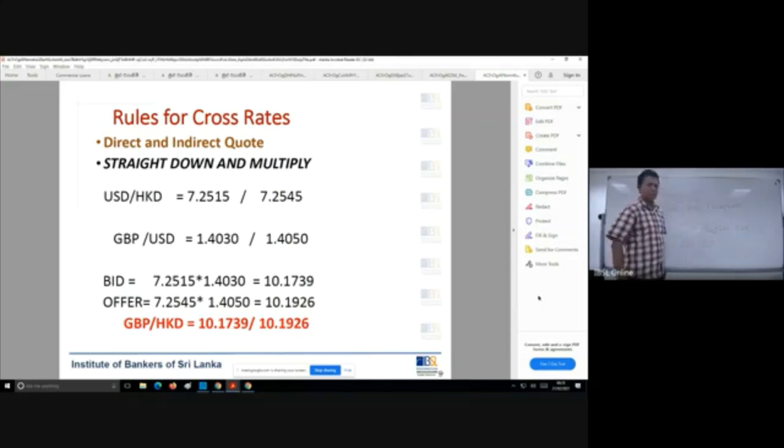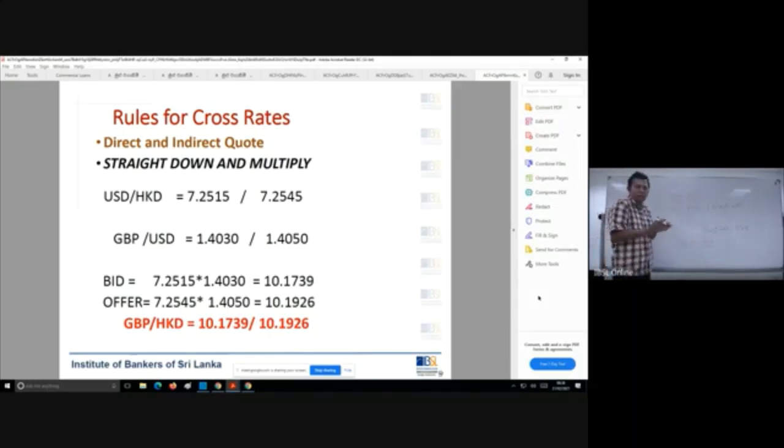How did you get the answer? Direct, indirect, we know, straight and multiply. Now we are finding out whether it is GBP HKD or HKD GBP. Similarly, you can find out the other one as well.